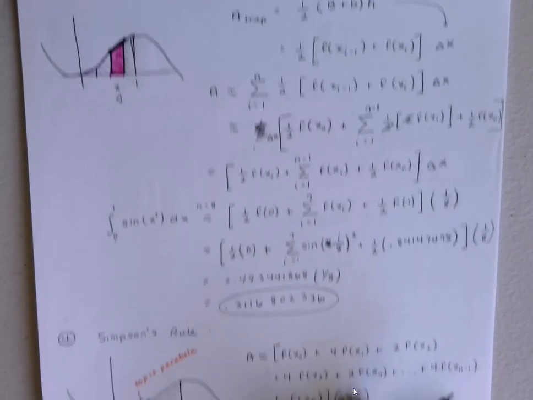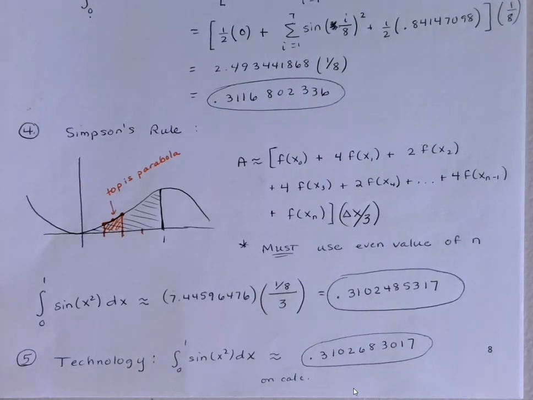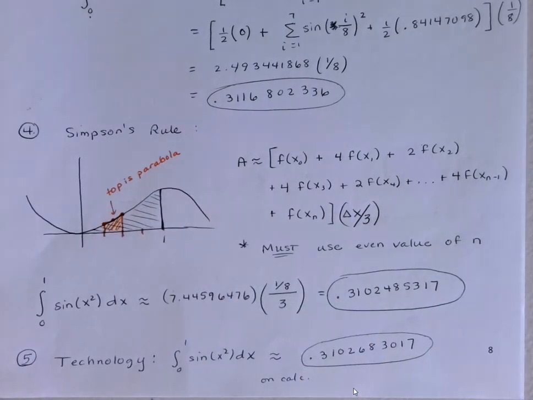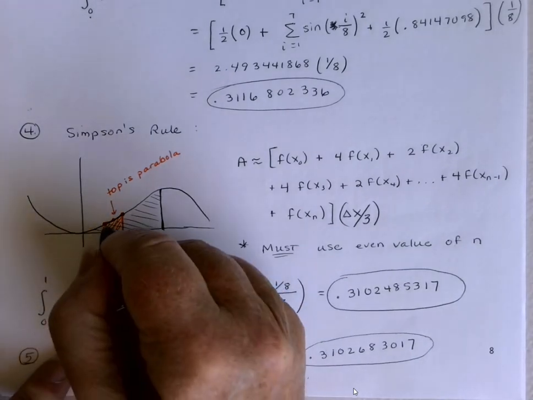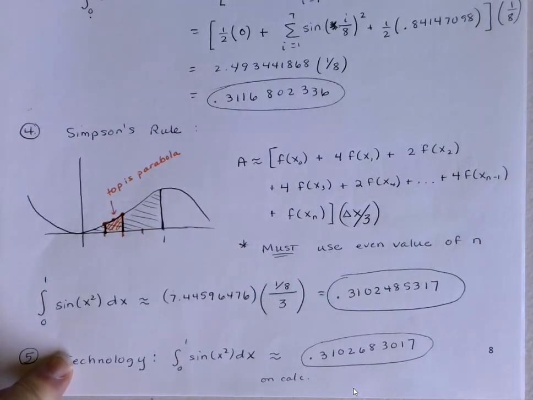Here's the most efficient rule of all. It's called Simpson's rule. And what it allows me to do is, instead of having to draw a straight line across the top, it allows me to use a little piece of a parabola along the top. So notice here, we've still got the left and right heights, just like we did for the rectangles or the trapezoids.